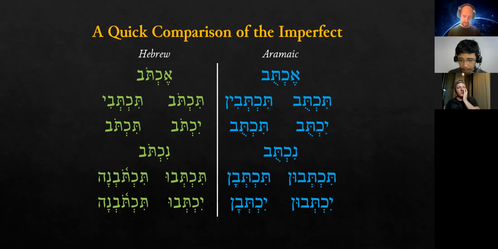So this is a quick comparison of the imperfect between Hebrew and Aramaic. The first thing we'll notice is that they're very similar, which is a good thing. In Hebrew, we have an O theme vowel for the majority of strong verbs. In Aramaic, the theme vowel is U. U, O, that's not so hard to jump between.